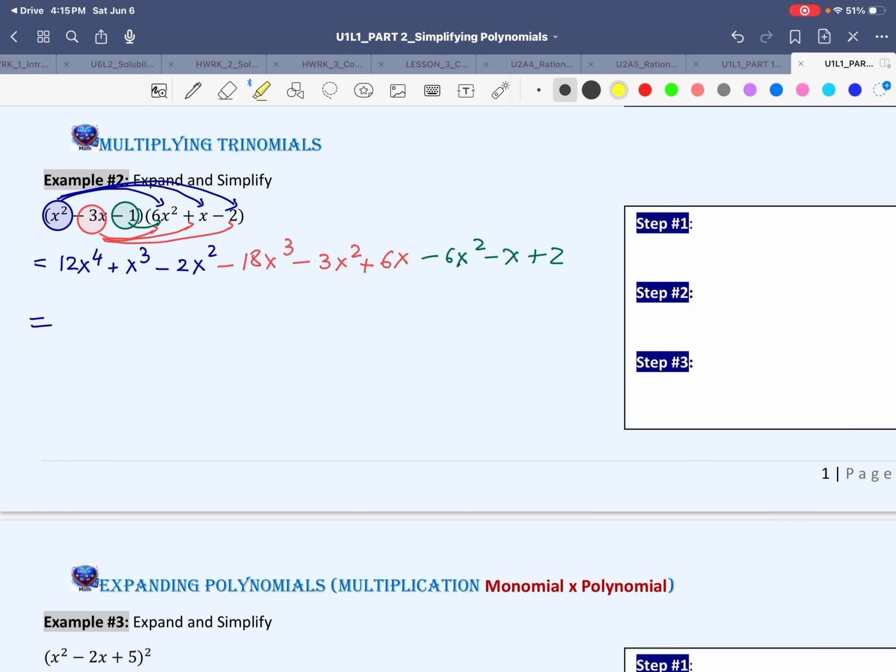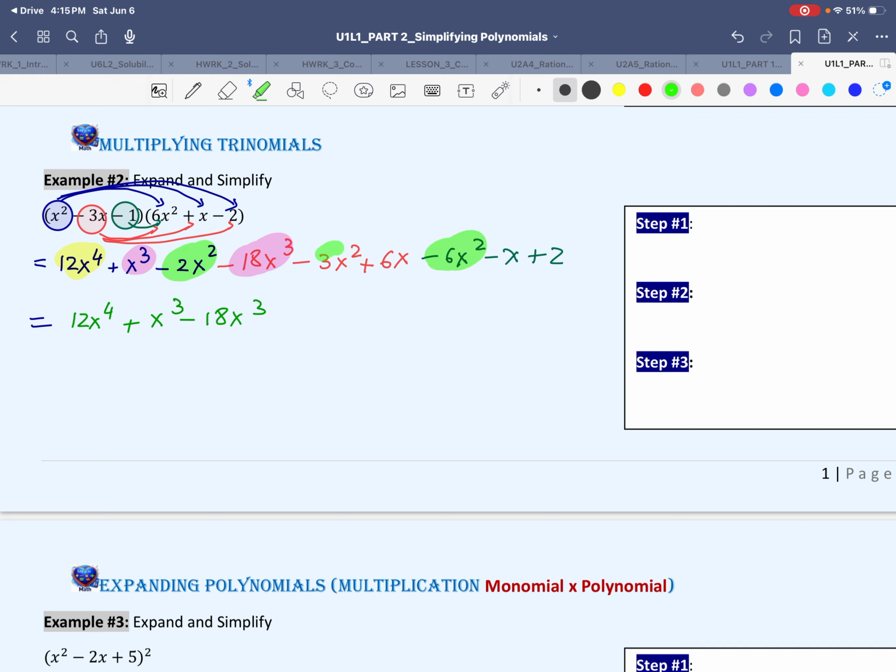So I will start by highlighting them. I see that 12x to the power 4 doesn't have any friends, so we're going to leave it as is. And we have the x cubed terms, so we have two of them. So we have plus x cubed minus 18x cubed. Next, we have x squared terms.